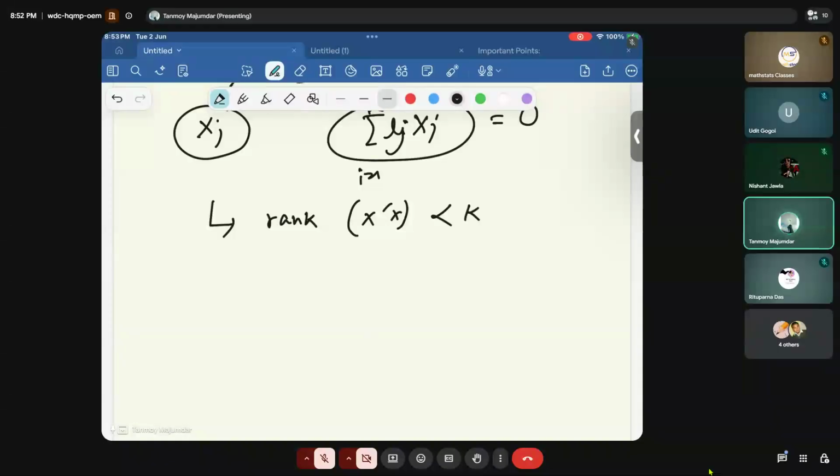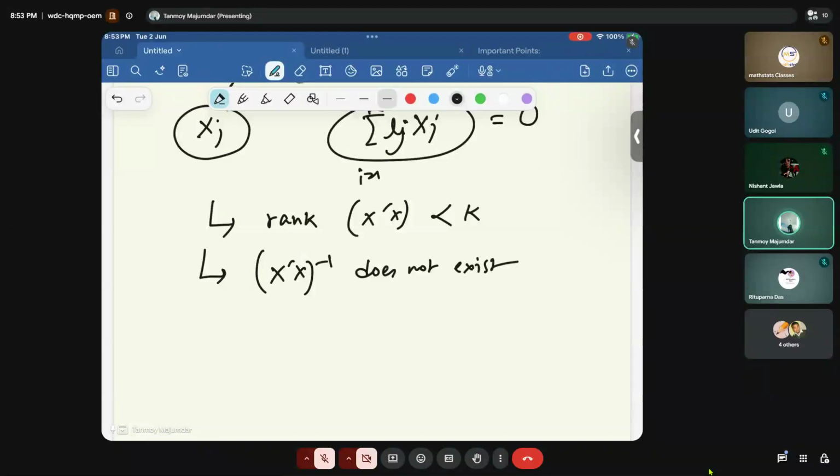Because one particular column will be dependent, the rank becomes less than k, one or more than one, any could be. Next, if it holds, then x dash x inverse does not exist, because the determinant will be 0.